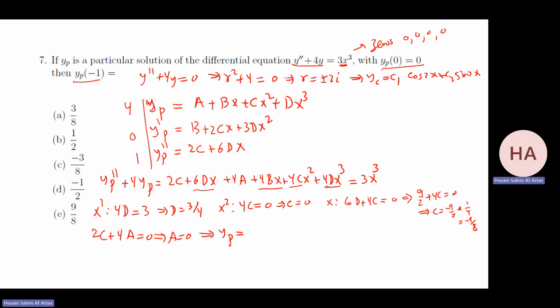This is C equals 0. This is 6D plus 4B. This is 4B, sorry. So B is minus 9 over 8 x. C is 0. And D is 3 over 4. Plus 3 over 4 x cubed.